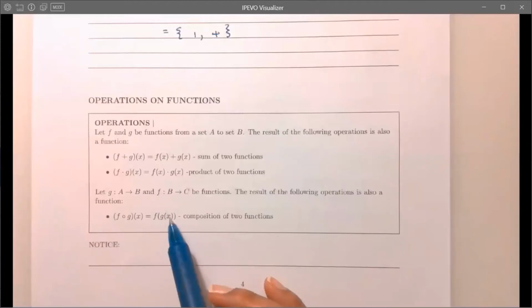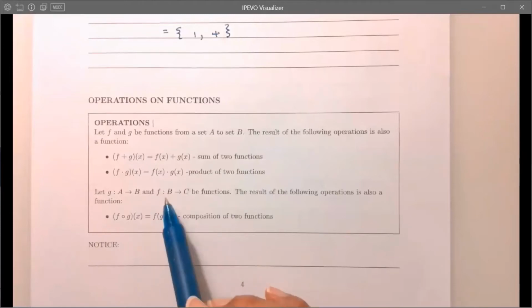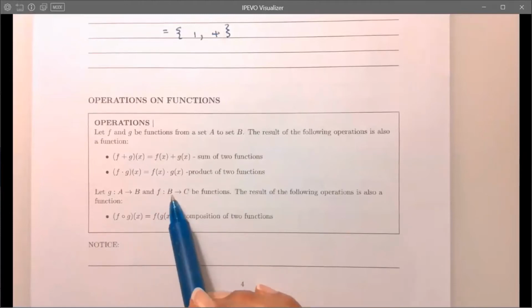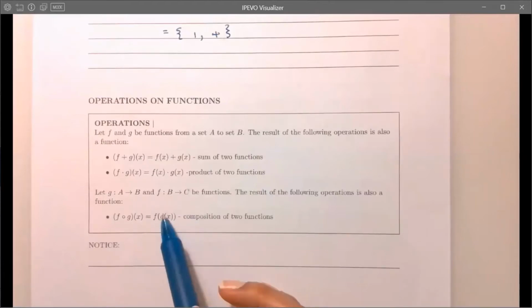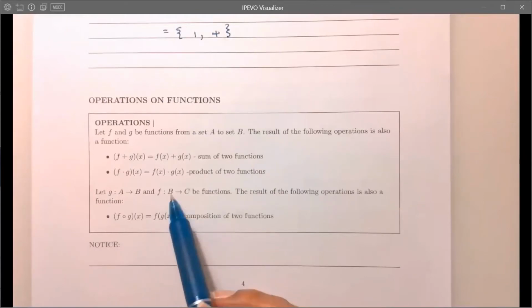So the order of this actually matters. g of x is going to output something into B, right? And then f is going to take that element from B and map it to C. So in order for a composition to work, we always have to make sure that the output of the inner function is the domain of the outer function.